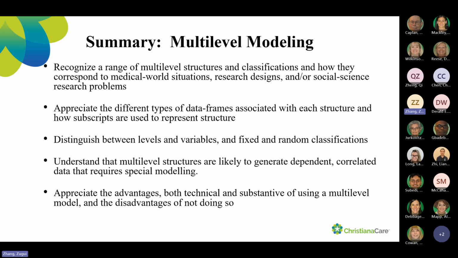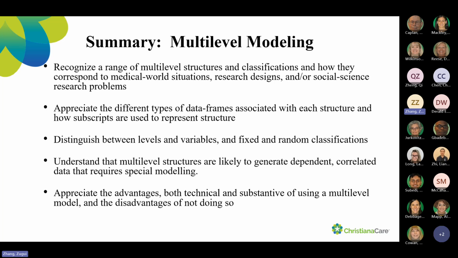And we should evaluate the different types of data frames associated with each structure and how subscripts are used to represent the structure. We should differentiate the levels and the variables, fixed and random classifications. We can understand the multi-level structures for the different structures.